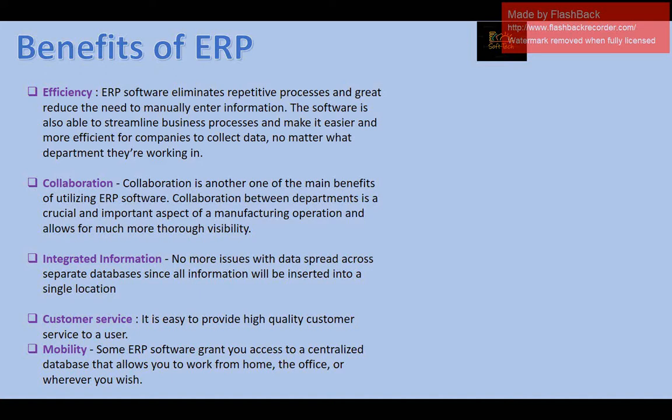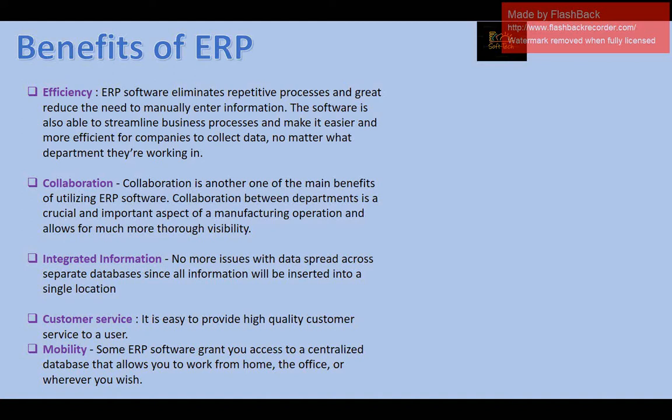If papers or documents go missing, data may be stored repeatedly. ERP eliminates that repetitive process and reduces manual entry of information. Next, collaboration. There are a lot of departments in ERP, like supply chain management, HR, payroll, finance, and sales, and these departments collaborate in a single way. Then integrated information.